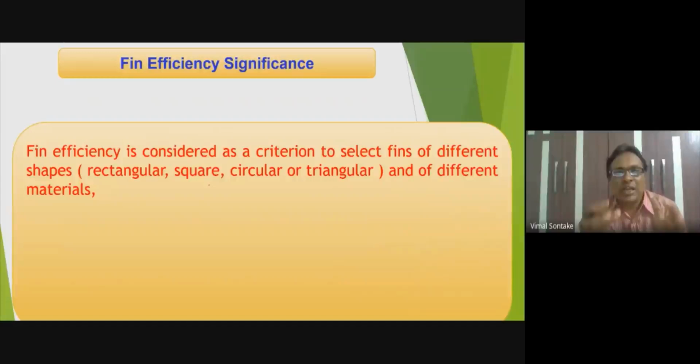Out of these fins, which fin to select in order to enhance the heat transfer rate? For selection of fin based upon these two criteria, fin efficiency will be the design parameter or criterion. So that is the significance of fin efficiency.